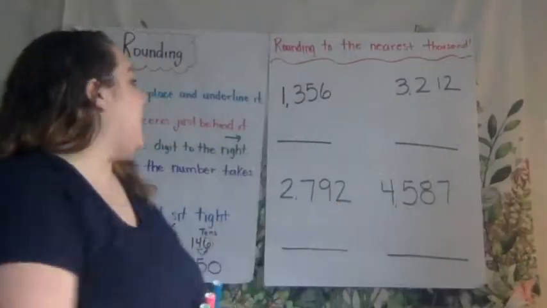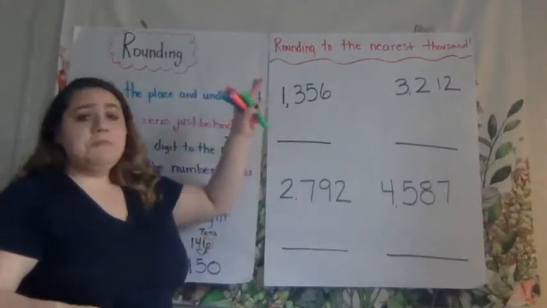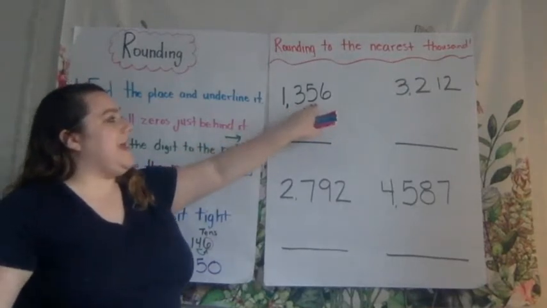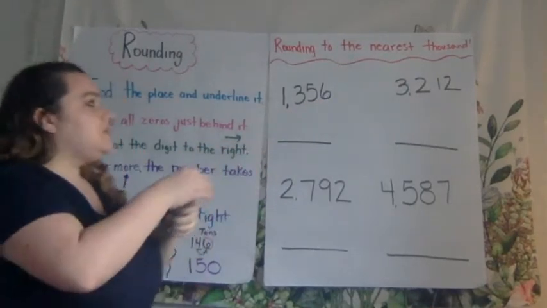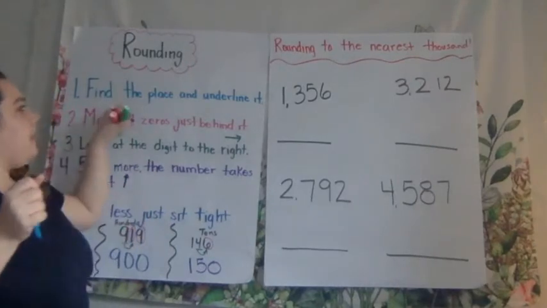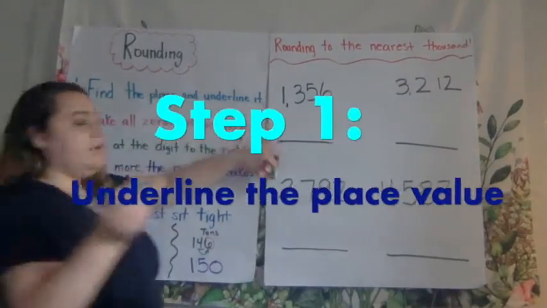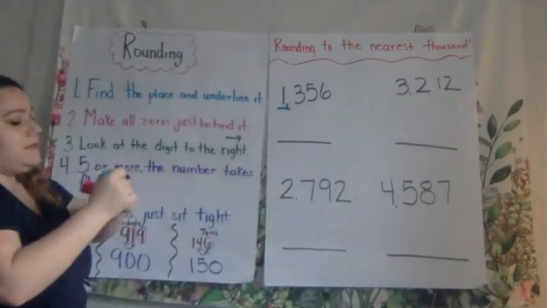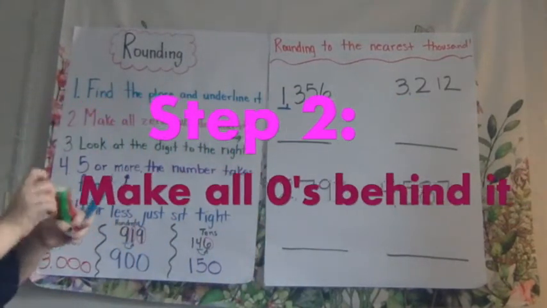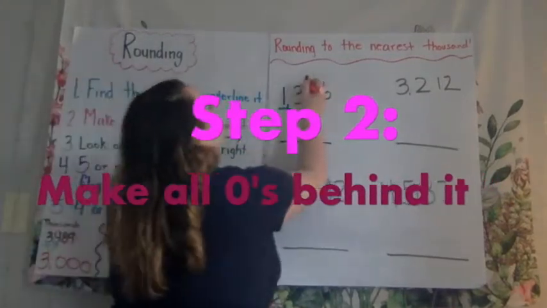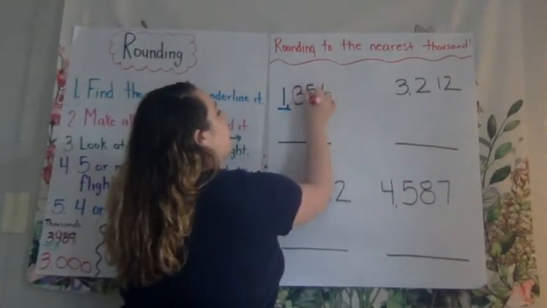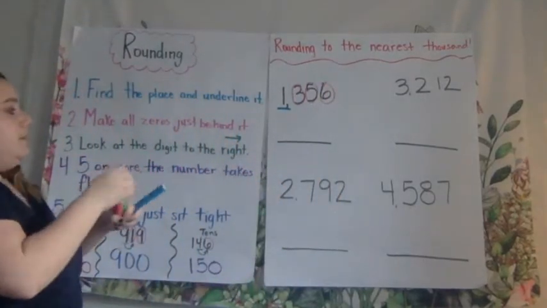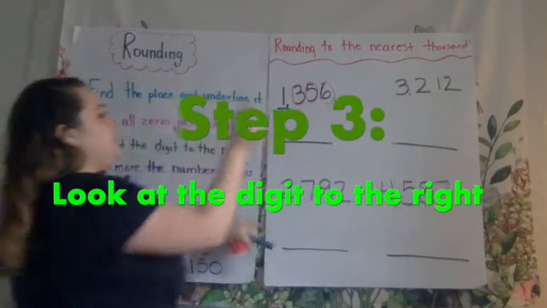So let's do a couple practice ones together. My first number is 1,356. So I'm rounding to the nearest thousand. I find my place and underline it. I underline the 1 because it's in the thousands place. Then I make everything behind it a 0. Nothing in front of it, just behind it is going to change into a 0. Then, step 3, I look at the digit to the right.